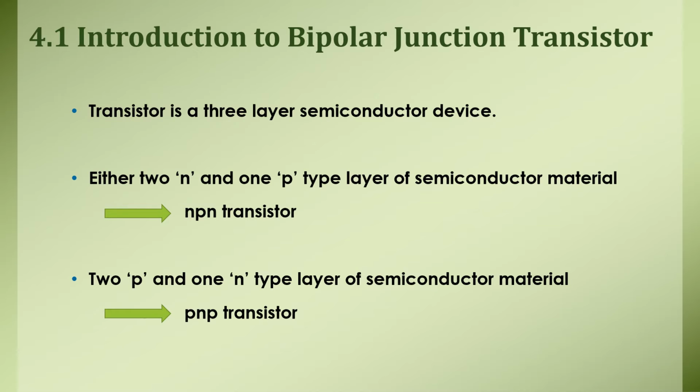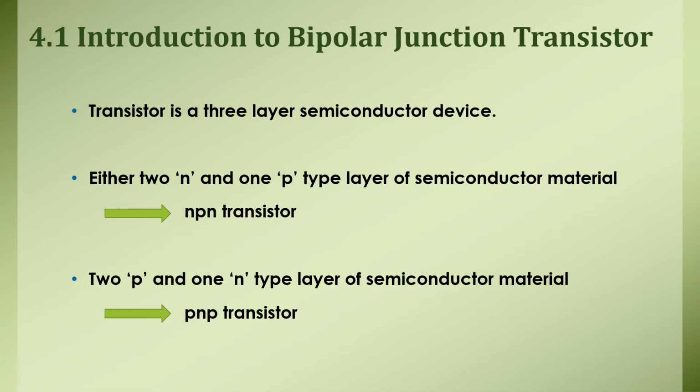If we repeat the n-type semiconductor material and sandwich the p-type semiconductor material between two n-type semiconductor materials, then such a fabricated transistor is called an NPN transistor. Why? Because the P-type semiconductor is sandwiched between these two N-type semiconductors.